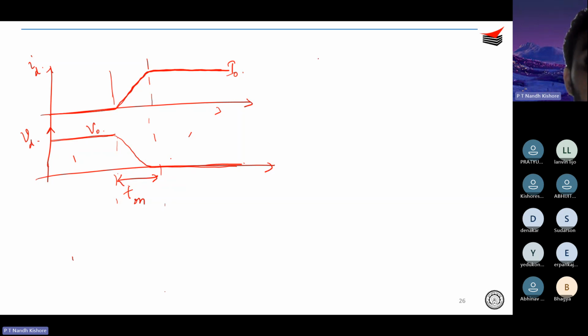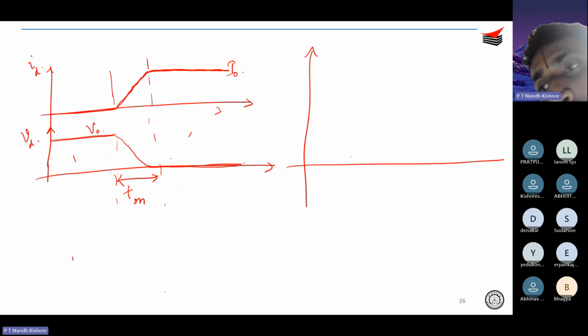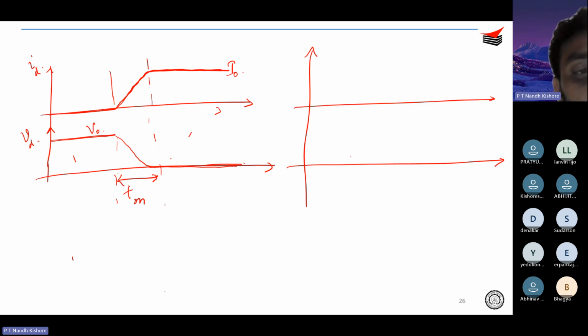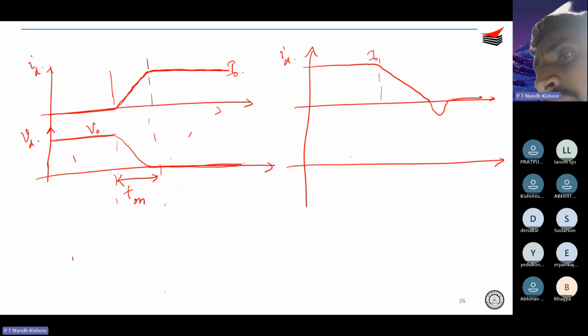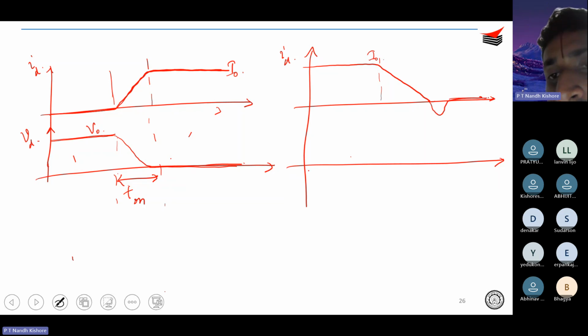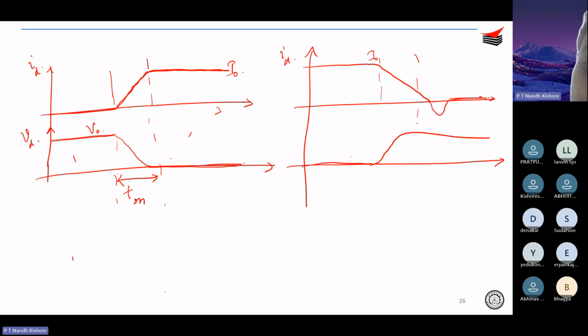Similarly, during turn off, your current will fall slowly from I naught to 0, and of course there may be reverse recovery as well. Your voltage will increase slowly from 0 to V naught. I will call this the turn off time.